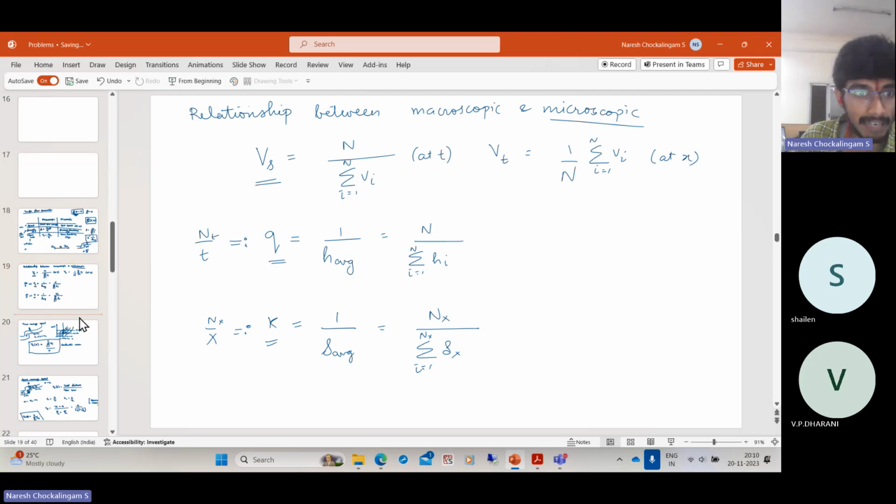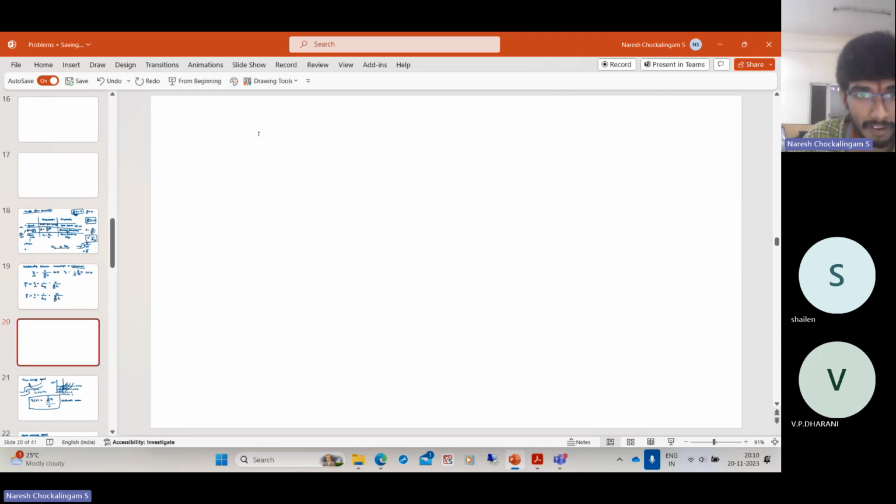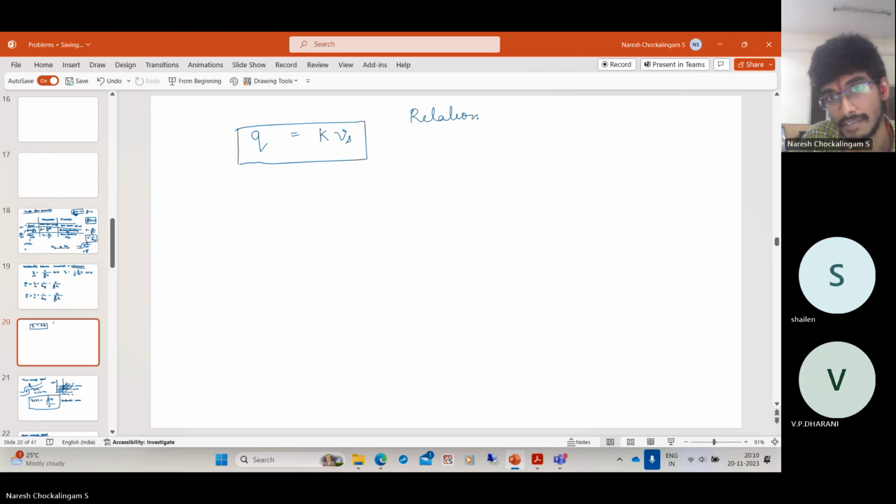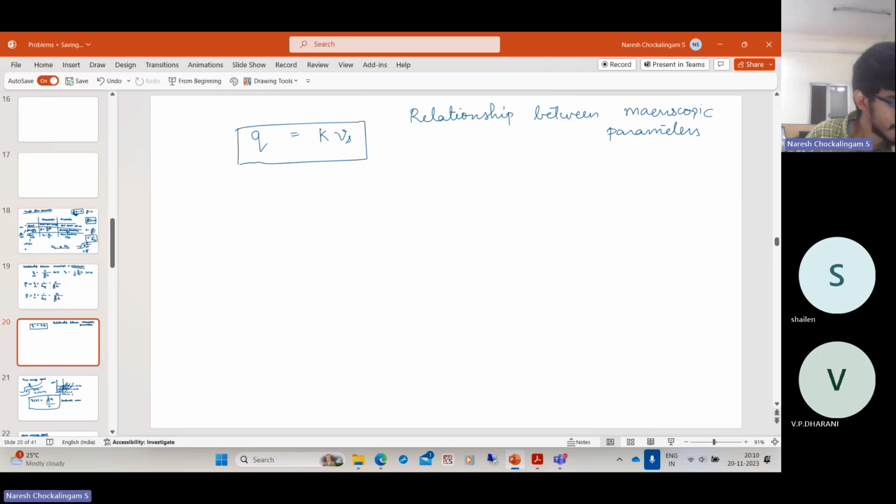Now these three are related by another relationship: the flow rate is equal to k times Vs. We have seen the relationship between macroscopic and microscopic quantities, and this is the relationship between macroscopic quantities. Right? So how do we prove it?